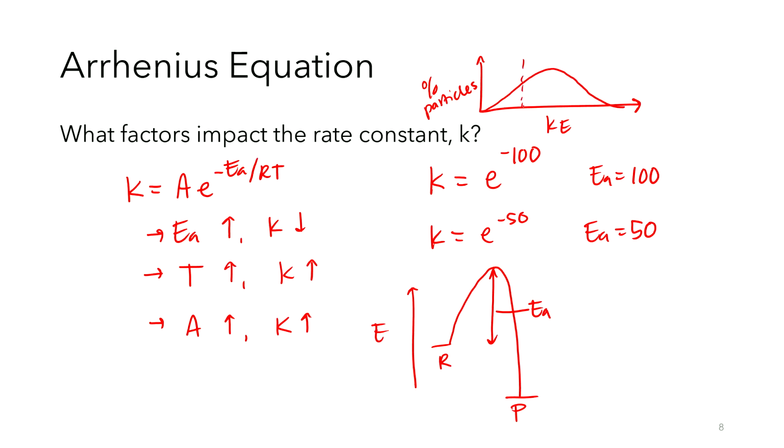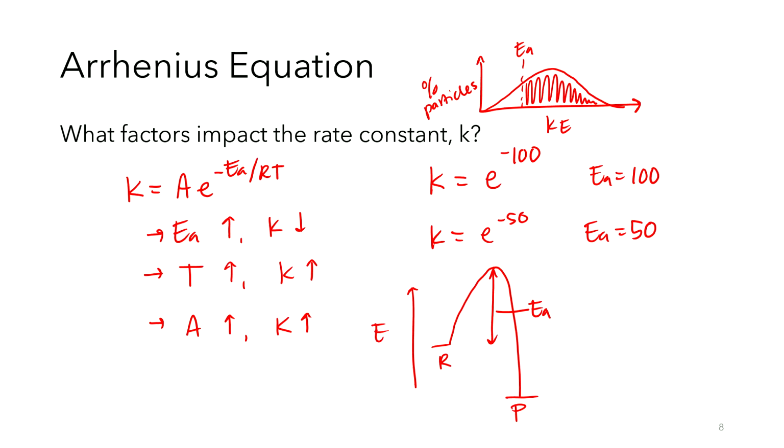If EA were here, now only this fraction can get over it, because my particles have to have enough kinetic energy to get over that barrier. Now I'm confusing myself as I talk through this, because I'm drawing the wrong direction, like a champion. Okay, so if that were my EA, all of those particles above that are the ones that can get over it. Does that make sense, that fraction?